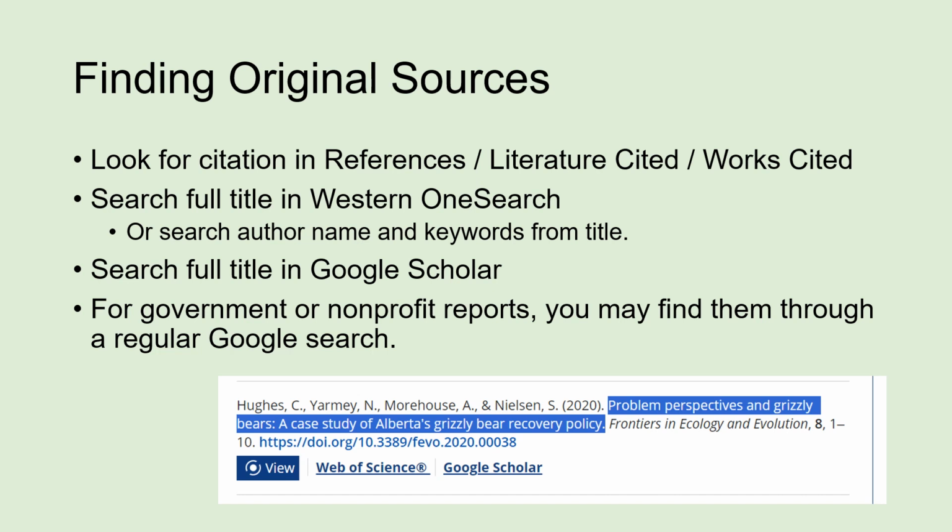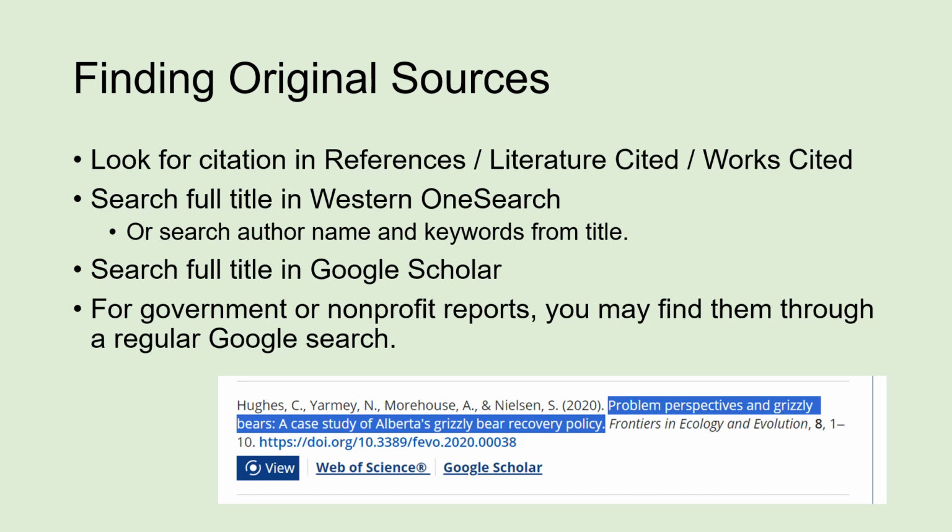Sometimes it's called literature cited or works cited. And I'm going to look for usually the last name of the authors and the dates, the year published from that in-text citation, and I'm going to match it to the full citation under the references section.